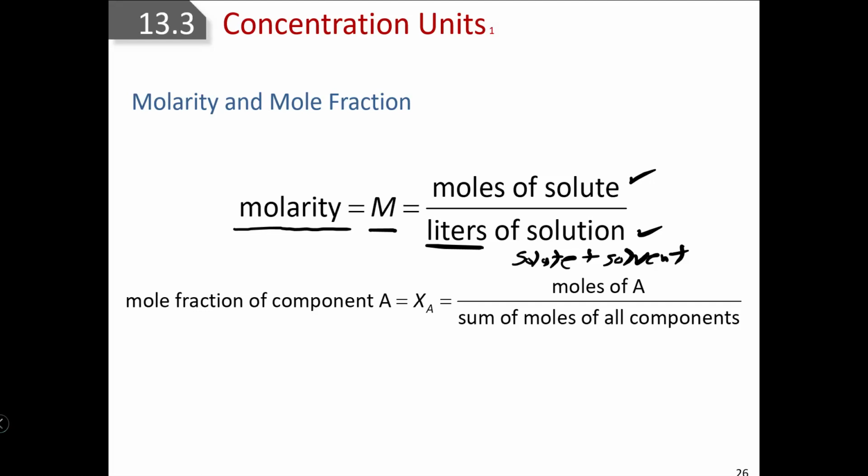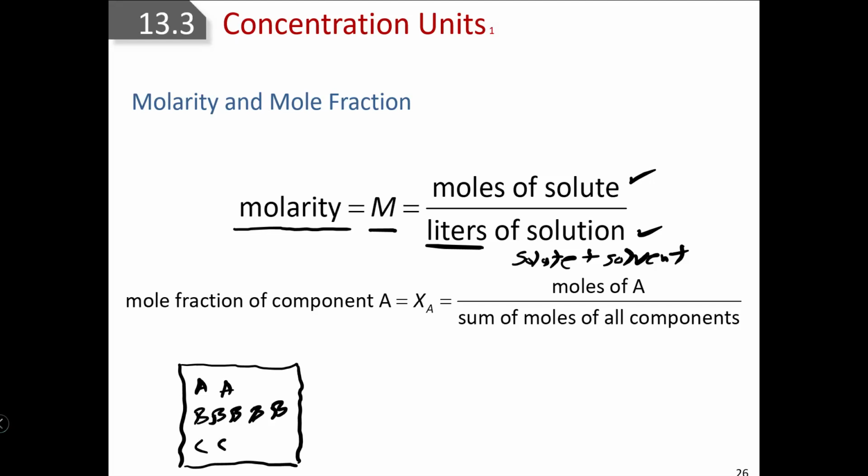We're also going to be talking about mole fraction, and for mole fraction, let's just draw a picture here. Let's say I have a container, and in this container I have 2 A molecules, and I have, let's make it 5 B molecules. And I have 3 C molecules, all right?